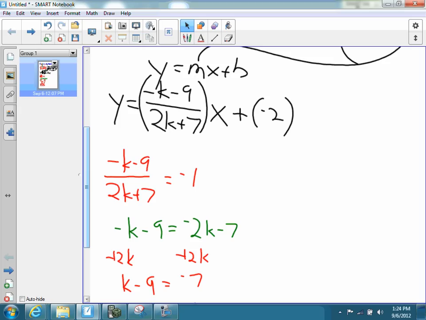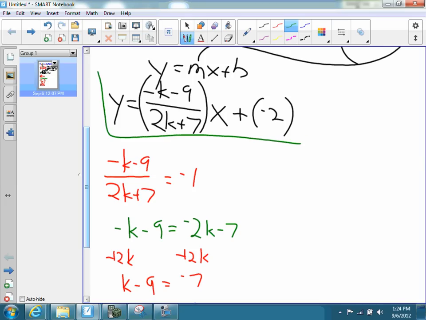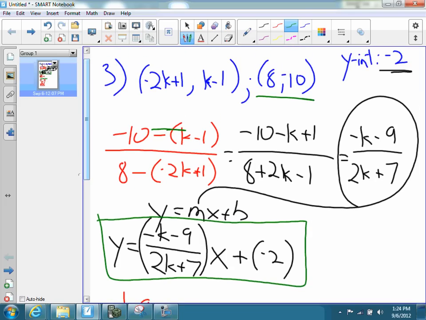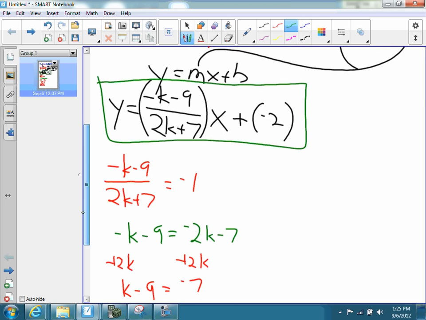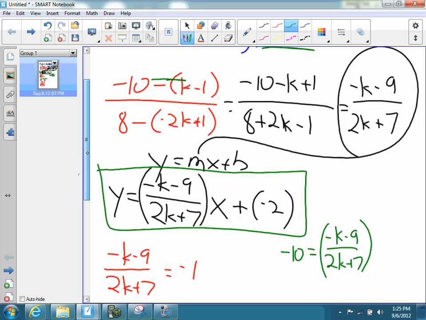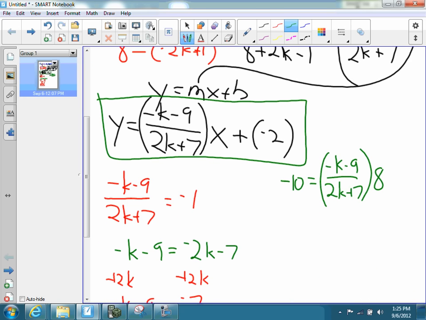My approach was to take this whole equation, which I know is the equation of the line, and plug in the point that I knew, (8, -10). So -10 equals (-k minus 9) over (2k plus 7) times 8 minus 2.